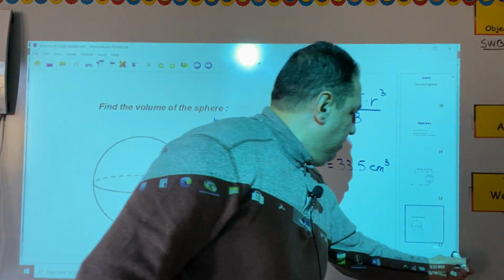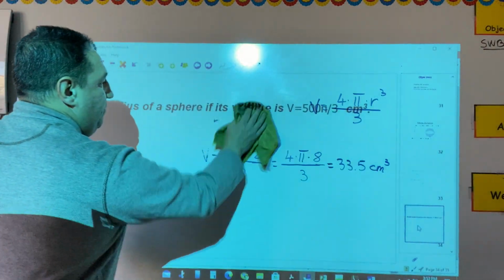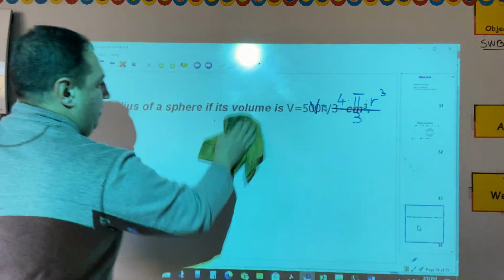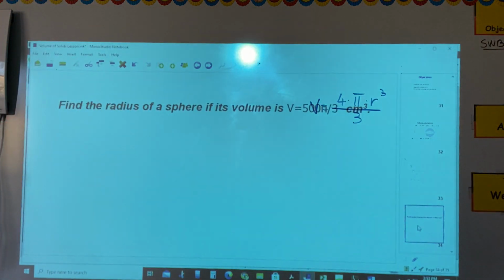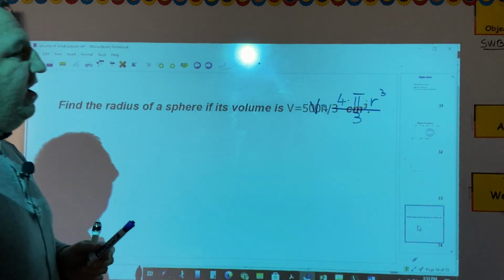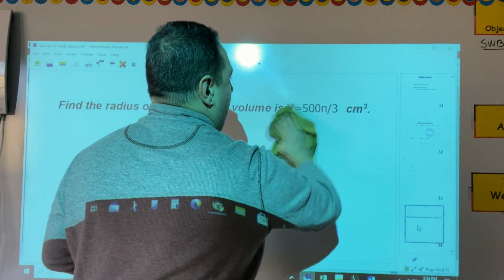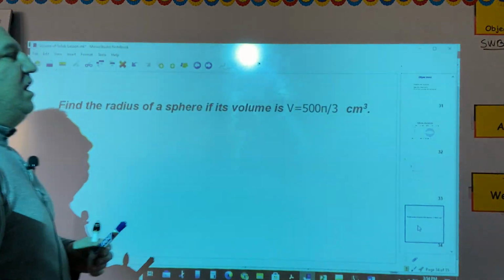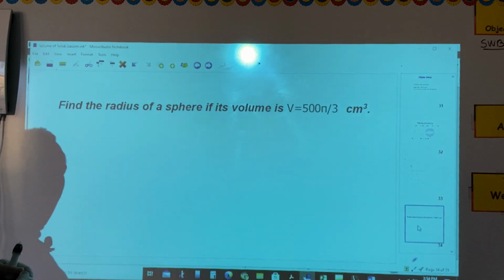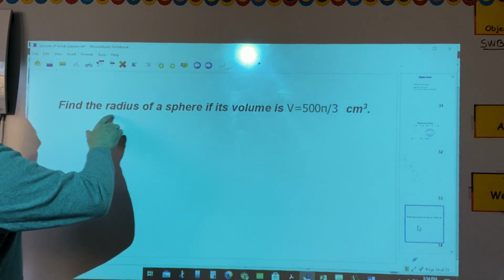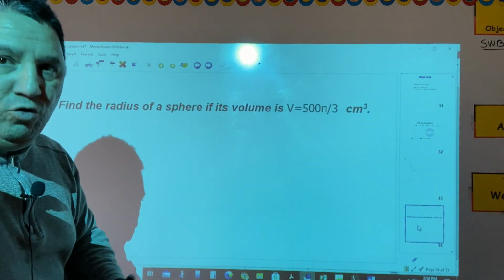And one more problem. It says here, find the radius of a sphere if its volume is 500 pi over 3 cubic centimeters. Now, to find the radius of the sphere, we use the formula for the volume of the sphere.